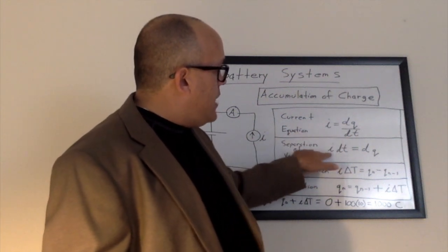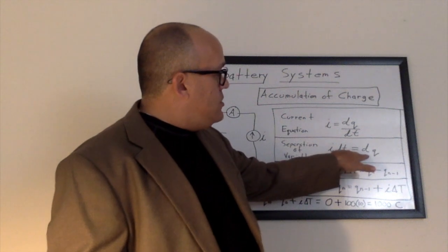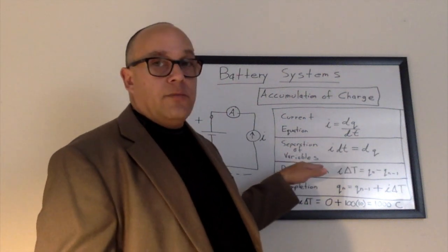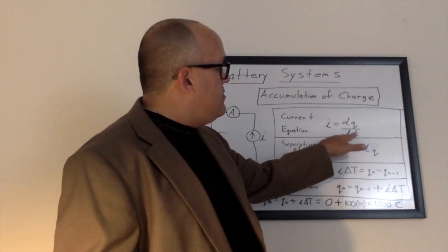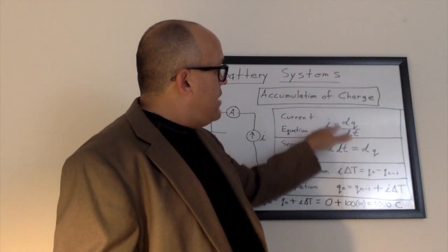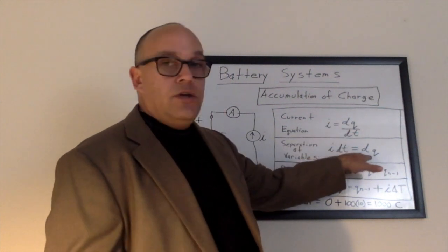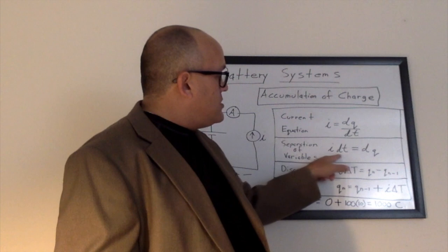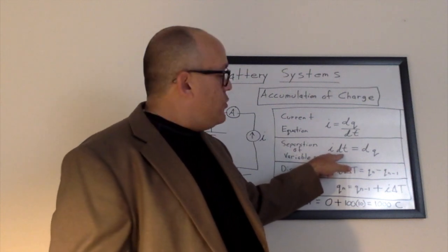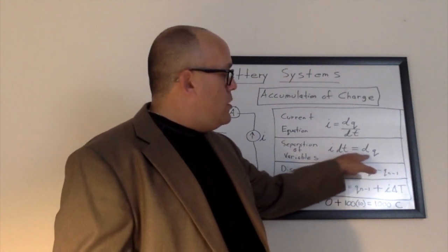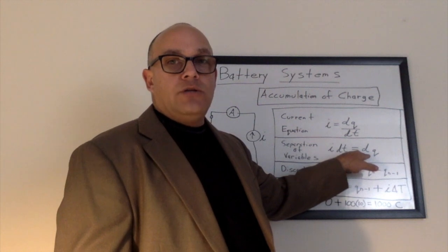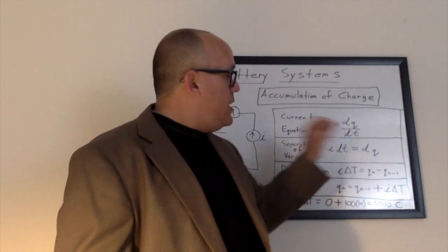So I dt equals dq. All we did was move dt to the side of I. Current multiplied times the instantaneous time interval equals the change in charge. Charge is always in coulombs.